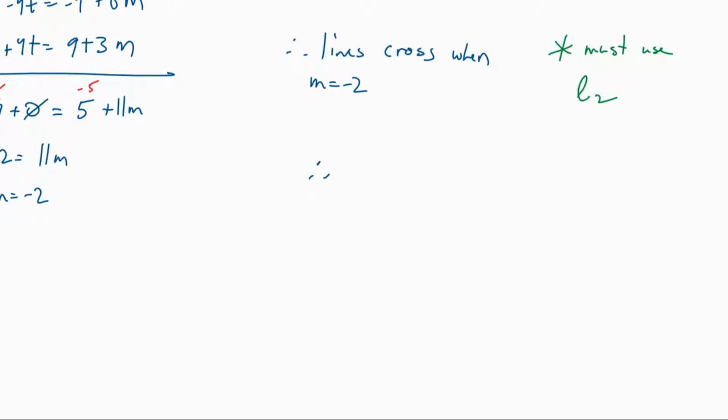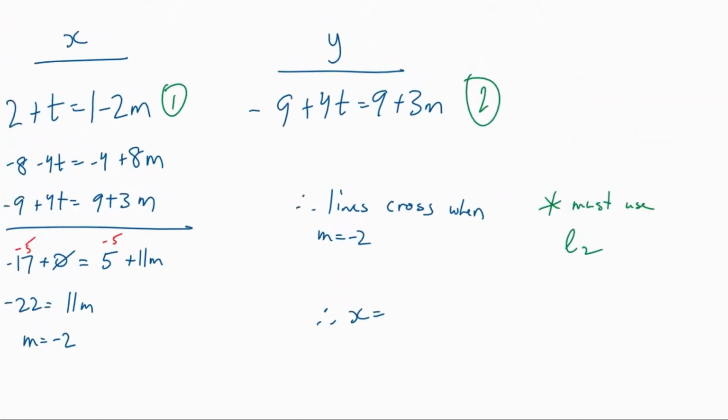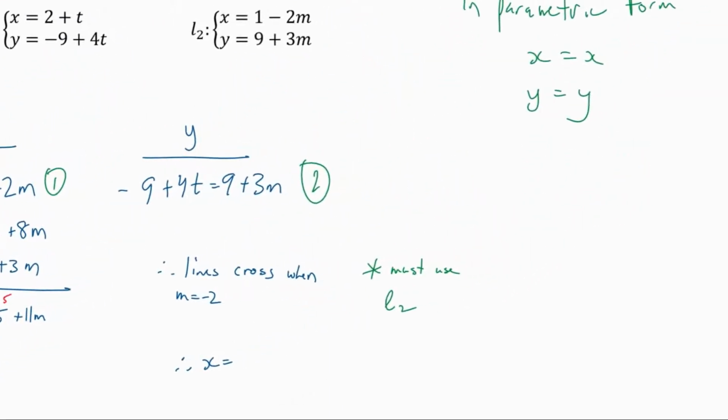I'm going to find x is equal to, in parametric form, let me just go back up here, 1 minus 2 times m, which is 1 minus 2 times -2, right? Because m is -2. So see what we did there? We found the value of the parameter that is going to make this true. So I'm just subbing it in and solving.